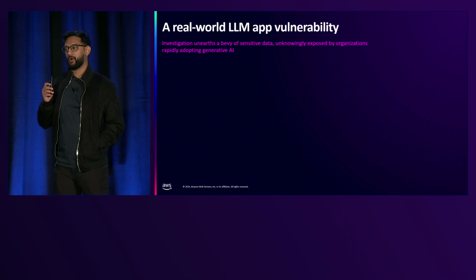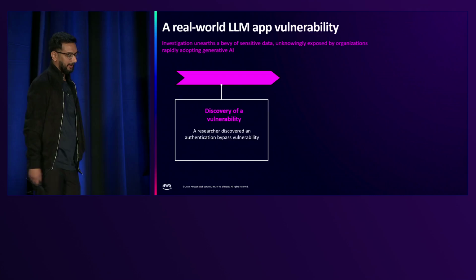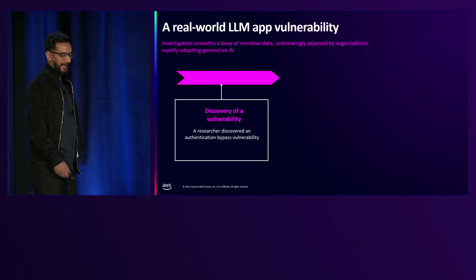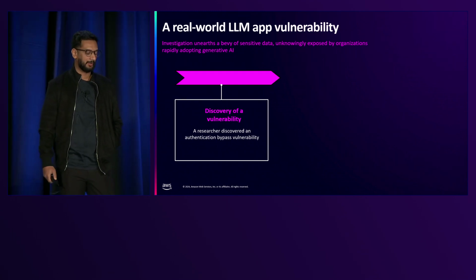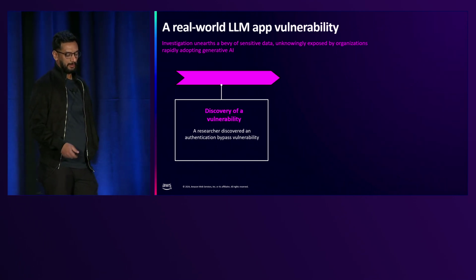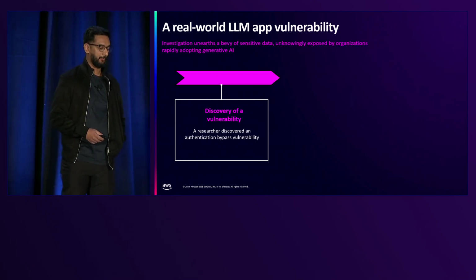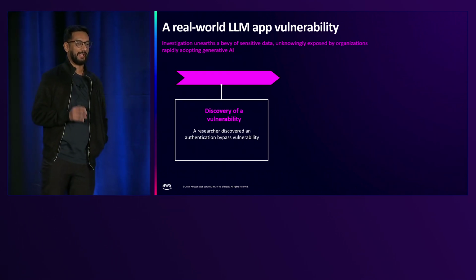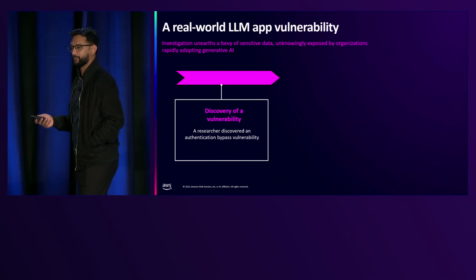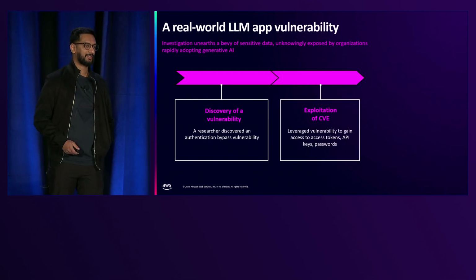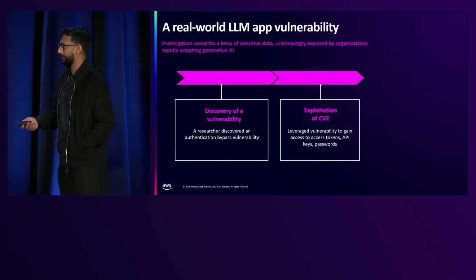Now let's talk a little bit about a real-world vulnerability and what it means for customers. A few months back, there was a vulnerability discovered on an LLM application, not the model itself, but the interaction with the model and the way the input-output responses of the model were handled. It allowed attackers to exploit an authentication bypass vulnerability and start probing for passwords, tokens, and access to repositories.